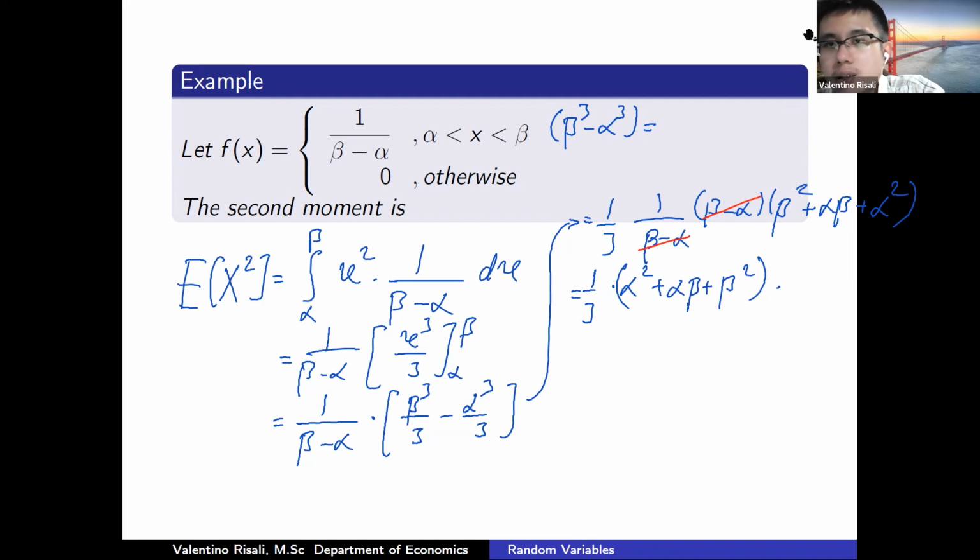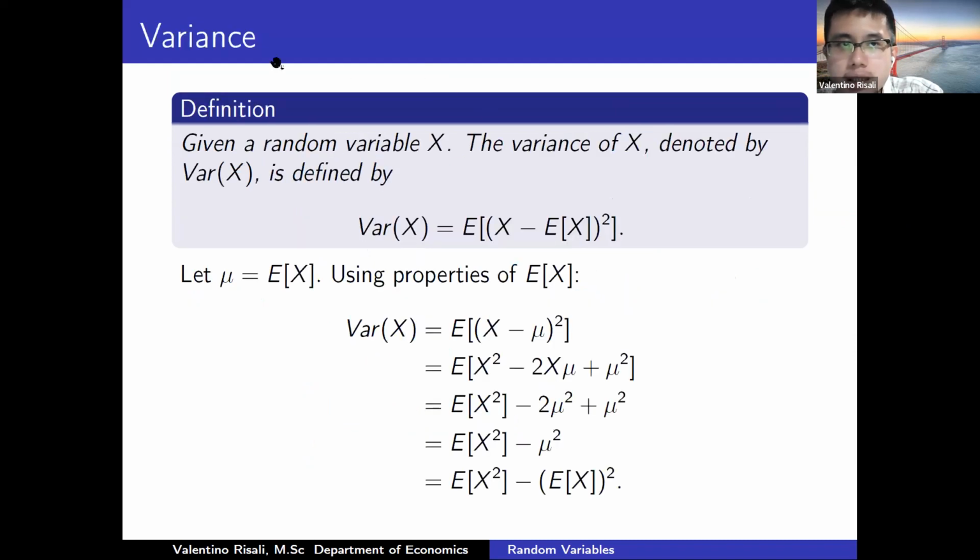Okay, great. I hope you can receive the idea of the K moment and the expectation. So for the next, we deal with the concept of variance. That is the value of expectation of X minus EX squared.